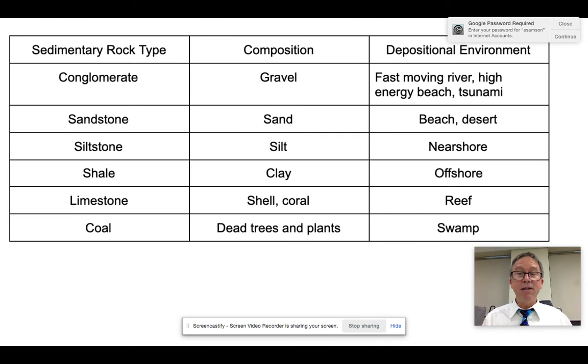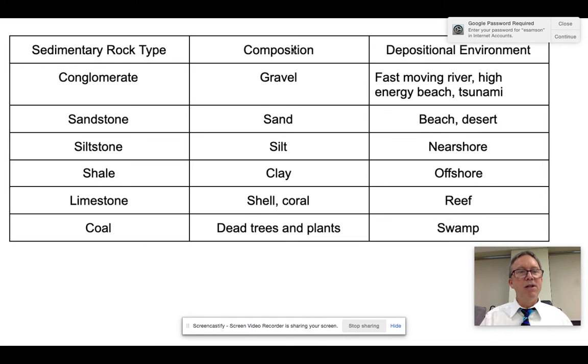If I see a sandstone, the environment where it gets deposited tends to be either somewhat fast-moving rivers, or more often than not, beaches or deserts. If I find a siltstone, which is considerably finer grained than sand but not made out of clay, I know this is a nearshore environment, just beyond the breakers is where this got deposited.